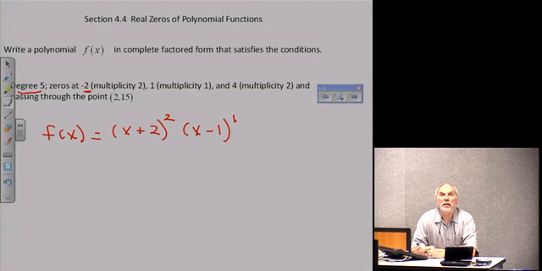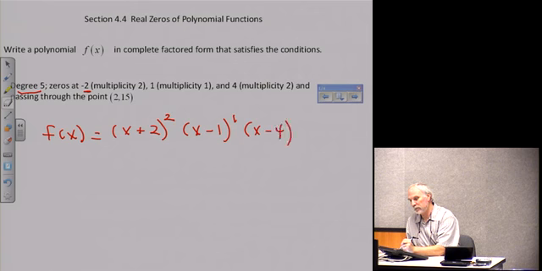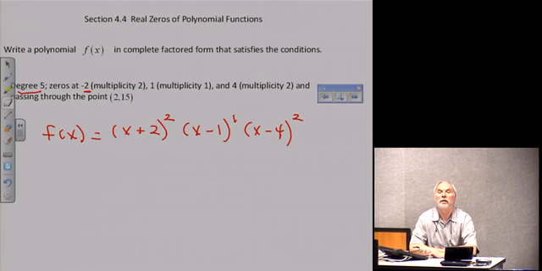And we've also got a zero at 4. So since there's a zero at 4, x minus 4 is a factor. Multiplicity 2 means we're squaring it. And if you add those exponents, 2, 1, and 2, that's a total of 5, and we're supposed to have a fifth degree polynomial, so we're good.